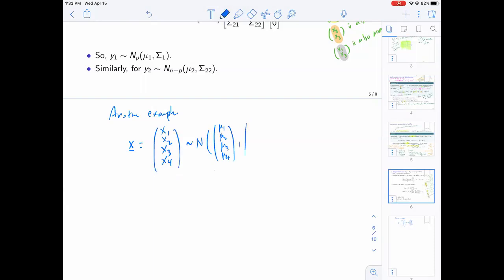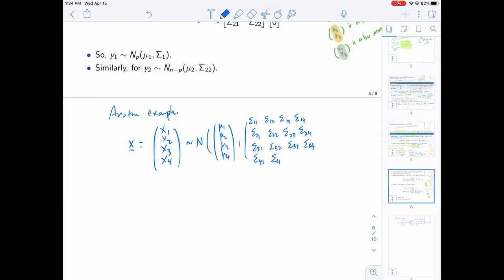And then I have a covariance matrix: sigma 1,1, sigma 1,2, sigma 1,3, sigma 1,4, sigma 2,1, 2,4, and so on. Sigma 3,1, sigma 3,2, sigma 3,3, sigma 3,4, sigma 4,1, sigma 4,2, sigma 4,3, sigma 4,4. So that's the covariance matrix, and this is the mean.